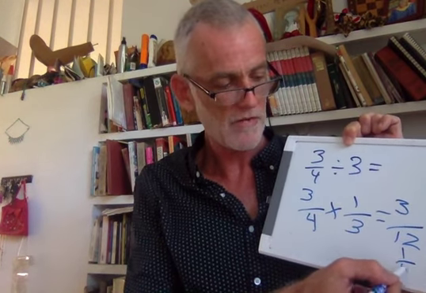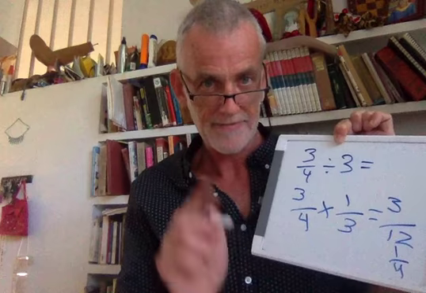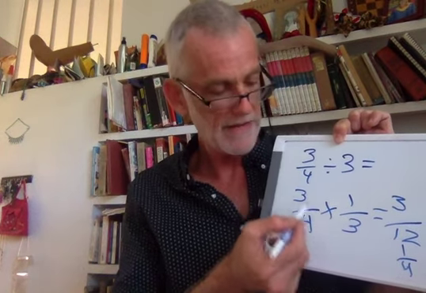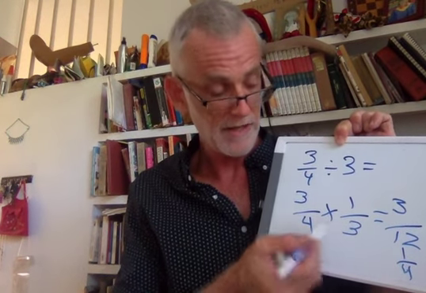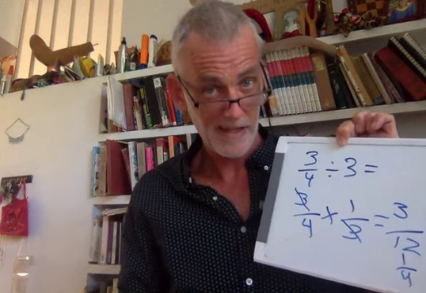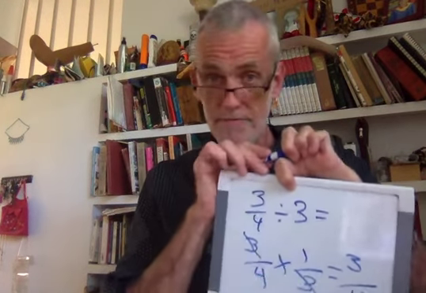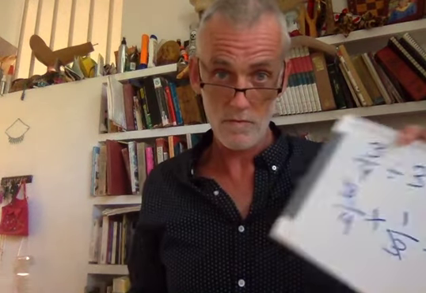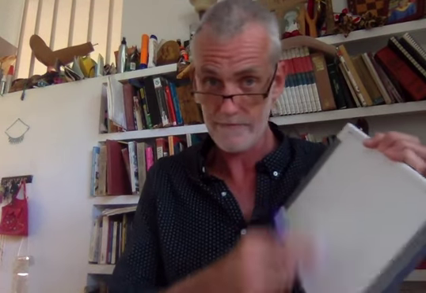The answer is 1/4. Another way of doing it, have a 3 on the top, have a 3 on the bottom. The answer is 1/4. Okay? Remember, do it the way that you feel comfortable doing it. Whatever your way of doing it, as long as it's true math, you can do it.